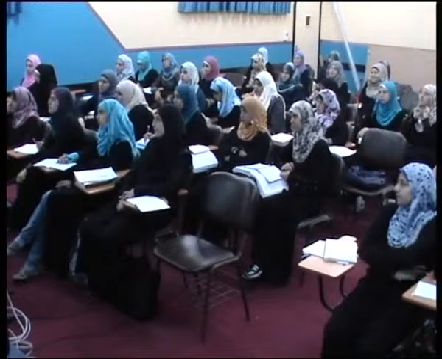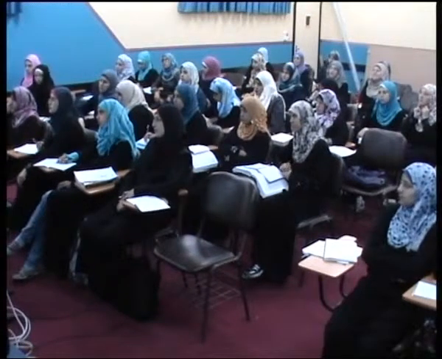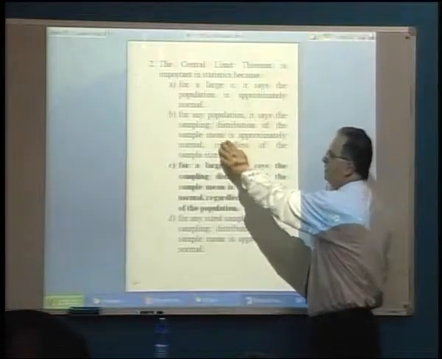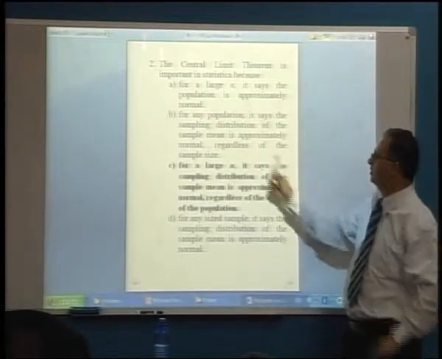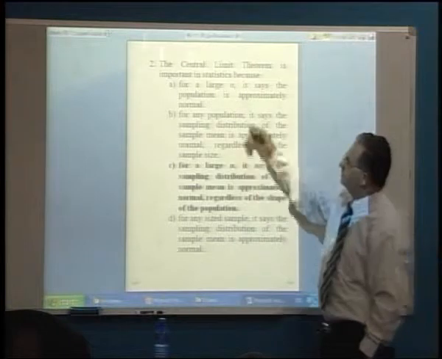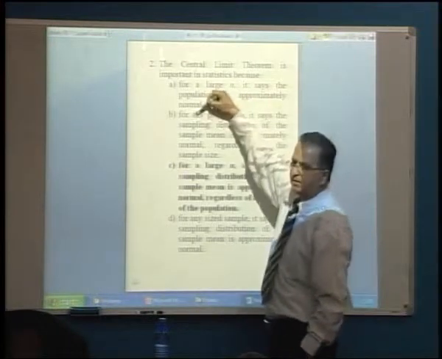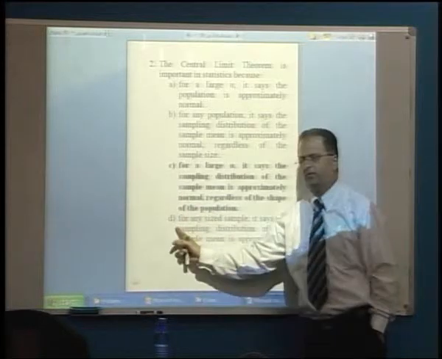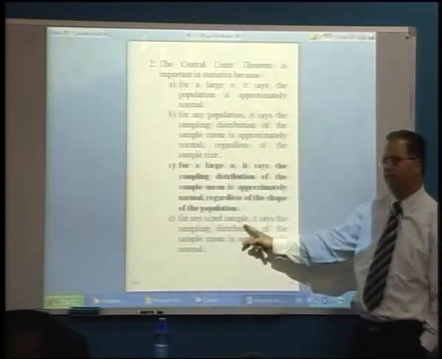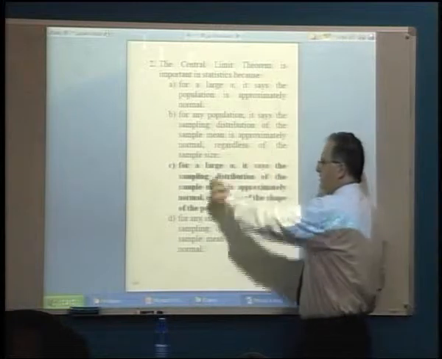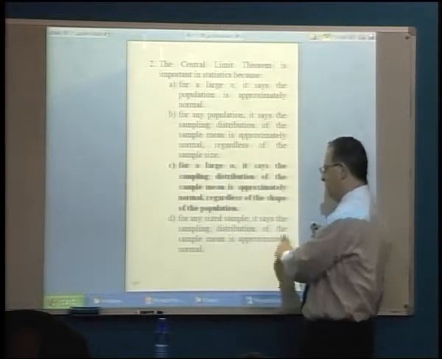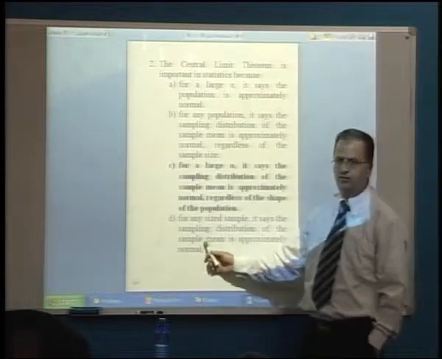But if it says for normal population, then we can say the sampling distribution of the sample mean is approximately normal regardless of the sample size. But it says for any, so that means incorrect. Now, part D, for any size sample, it means regardless of the sample size. The theorem says the sampling distribution of the sample mean is approximately normal.